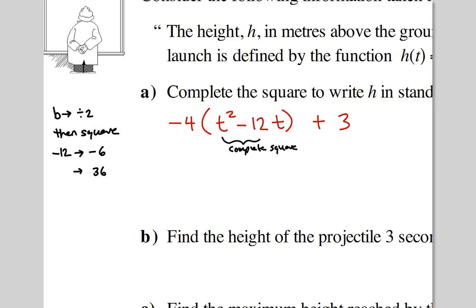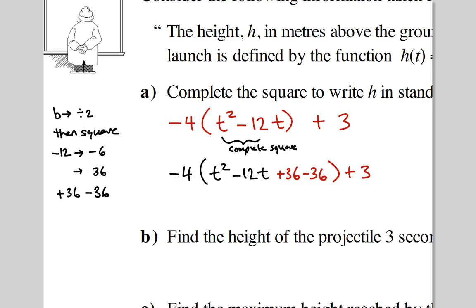So this is the thing that we plus and minus. We plus 36 and we minus 36. It doesn't change, you're just adding a zero pair. Which one do we put first? Good. Now the highlighted part is the perfect square.